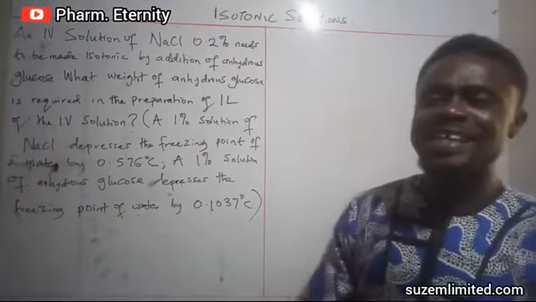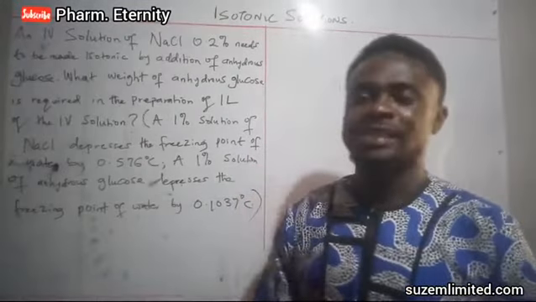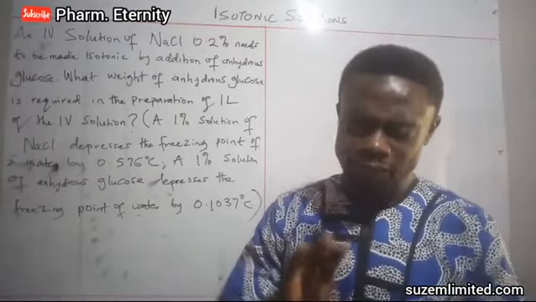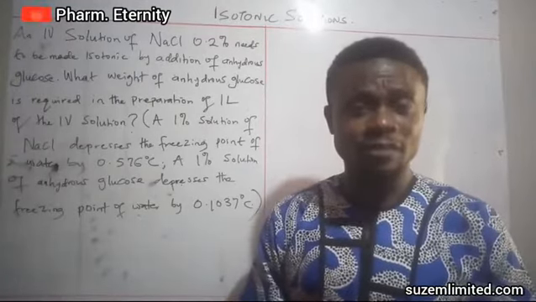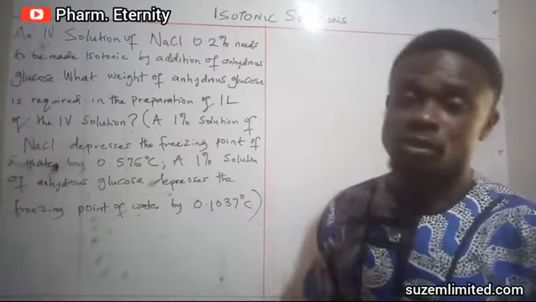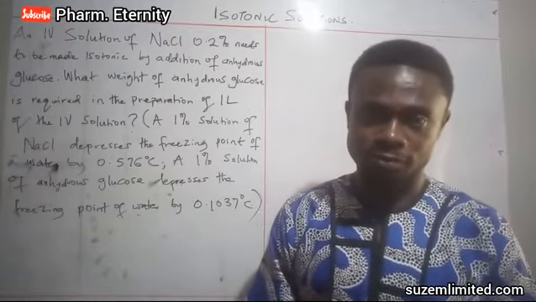And any solution that can depress the freezing point of water to the same 0.52 degrees Celsius is believed to be what? Isotonic.